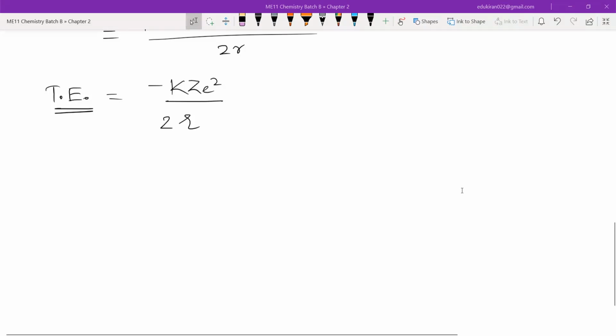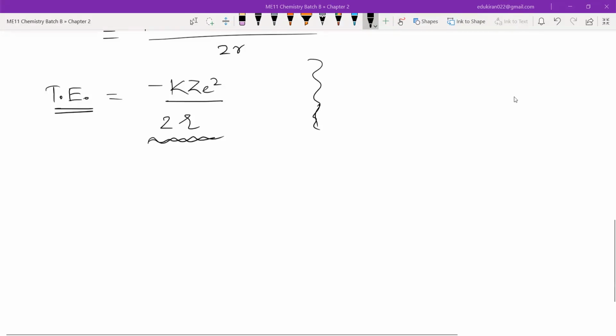Rehab, you just have to tell me whether this total energy is negative or positive. What do you think? Negative, right? It is negative.